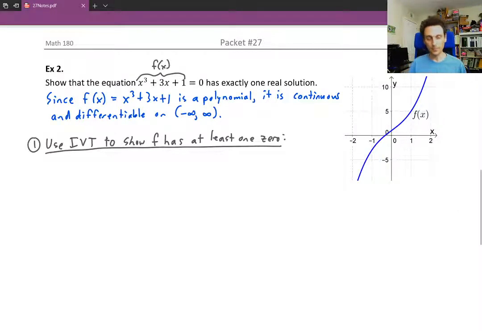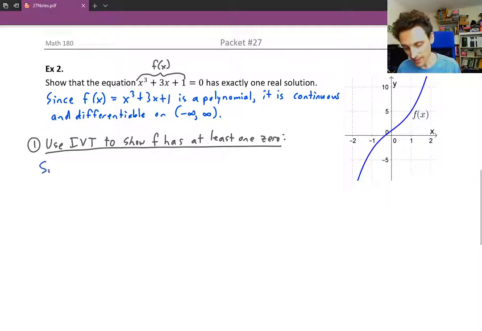Remember, the way we do this is we find an x value where the function is negative, we find another x value where the function is positive, and the intermediate value theorem would say that there's got to be some x value in between those two where the function is 0.